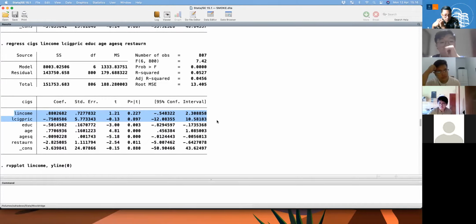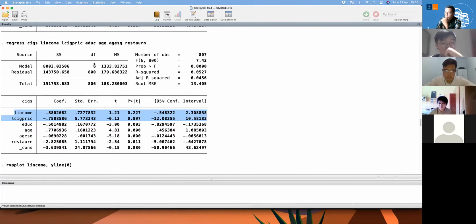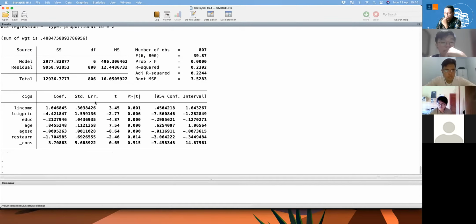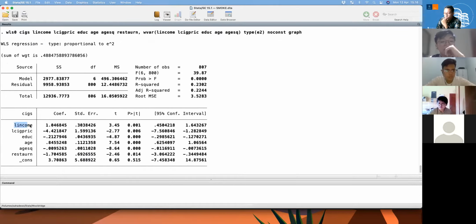Okay, which is quite weird because we could think that, well, income is going to be important. And then we can think that, oh, log of cigarette price is also going to be very important as well.